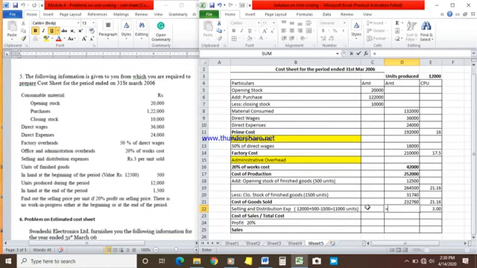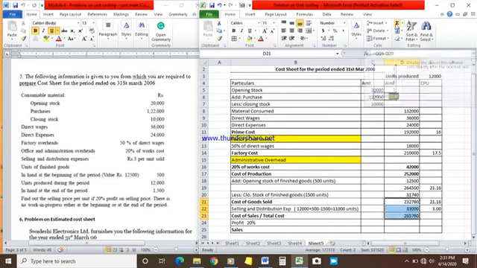So if I deduct, 11,000 units have been sold. So these 11,000 units multiplied with 3, we get 33,000. So if I take the total of these both, we get 2,65,760, and the cost per unit comes to 24.16.